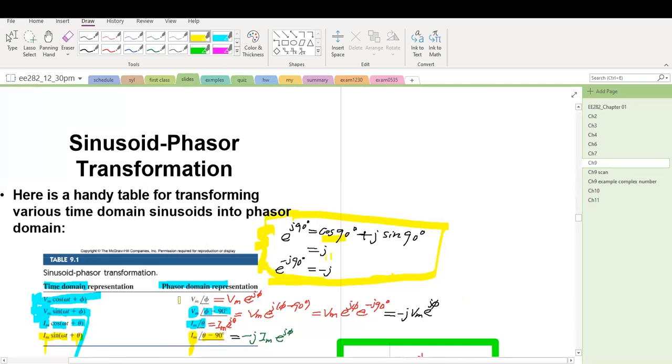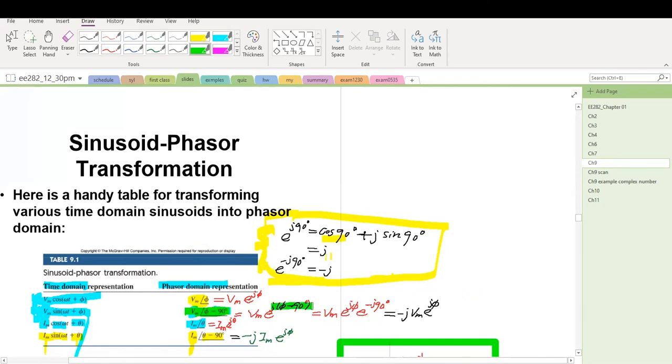So in this case, the phasor in polar form can be represented by exponential form: Vm e to the power j phi. This phasor Vm at the angle phi minus 90 degrees equals Vm e to the power j (phi minus 90 degrees).